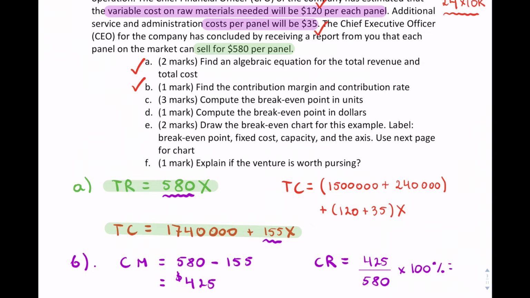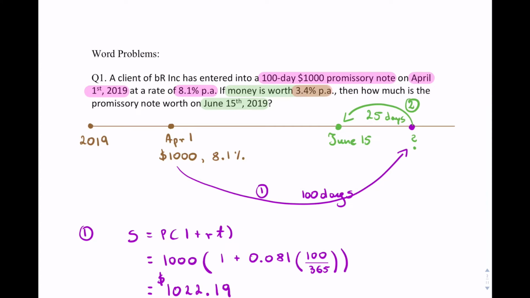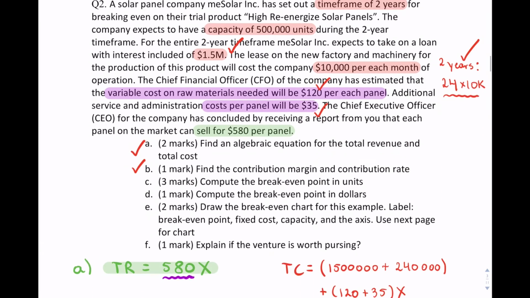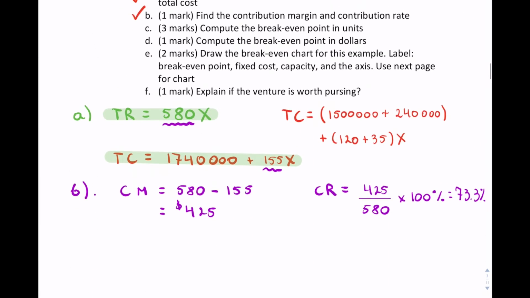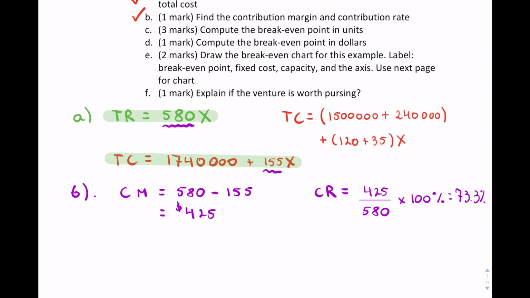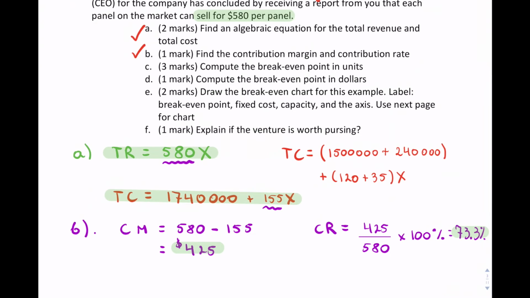We can punch that into the calculator, and I'll round it to one decimal. So we have 73.3%. That is our contribution margin, and this is our contribution rate. So that's part B.